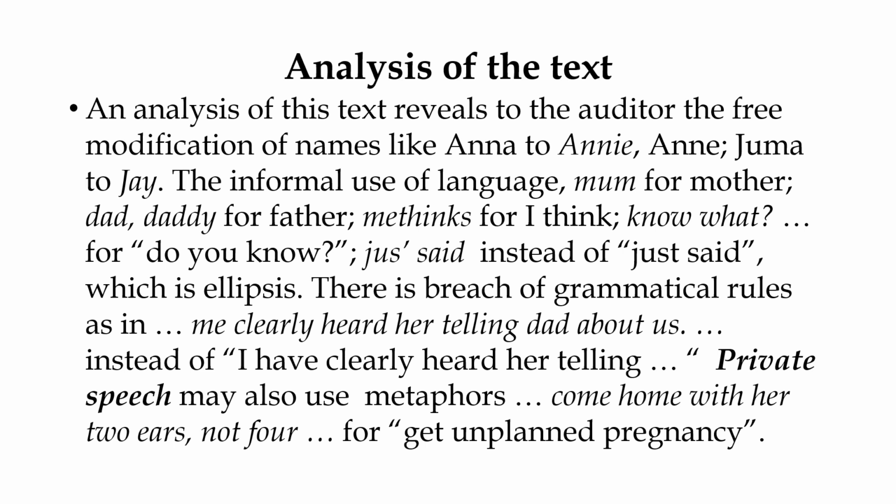The informal use of language: mom for mother, dad, daddy for father, me thinks for I think, know what for do you know, just said instead of he just said, which is ellipsis. There is breach of grammatical rules, as in, "me clearly heard her telling Dad about us" instead of "I clearly heard her telling."